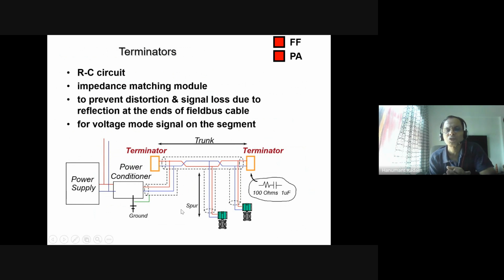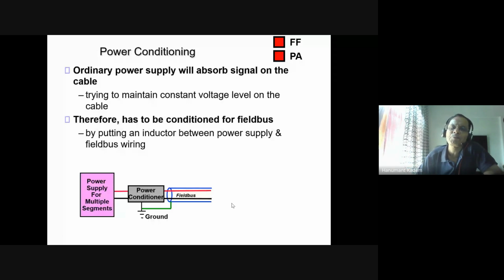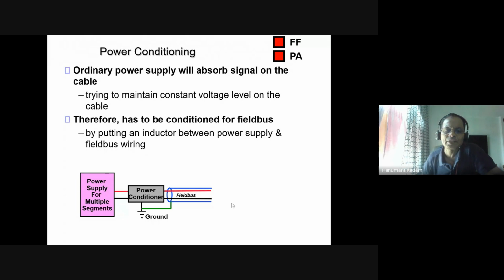For voltage mode signal on the segment, to get voltage mode peak to peak, terminators are needed. Power conditioner here. An ordinary power supply will absorb the signal on the cable, trying to maintain a constant voltage level on the cable. Therefore, it has to be conditioned for field bus by putting an inductor between the power supply and the field bus wiring.